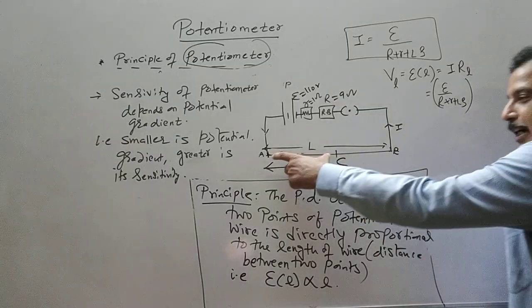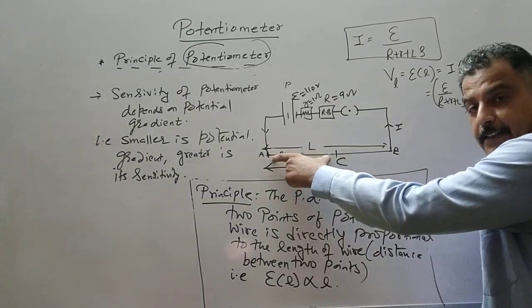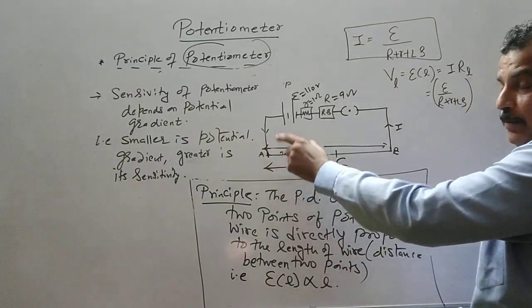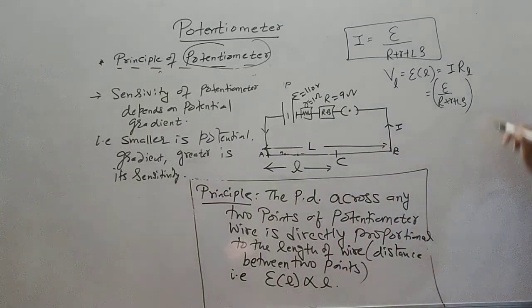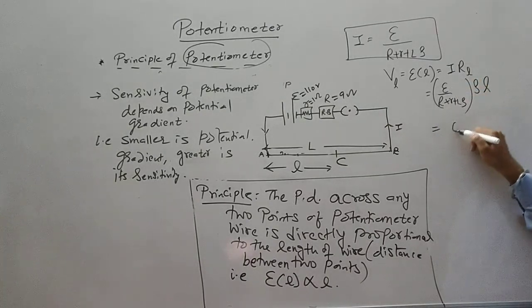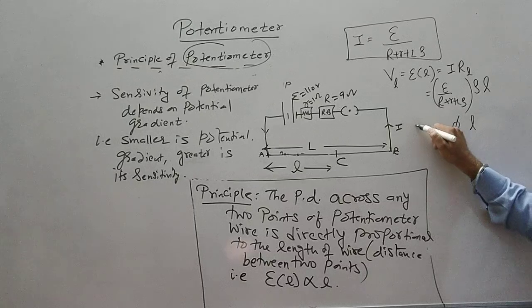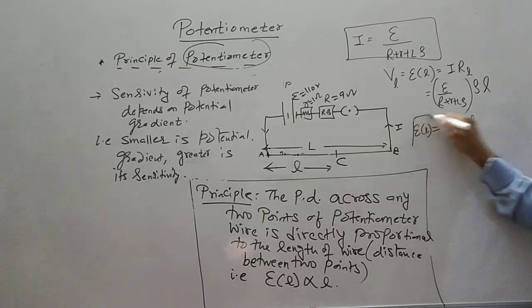Resistance of this wire, AC only. We don't know its resistance, but we know the resistance per unit length. So I multiplied by rho into L. If I take this rho inside, that is my phi, that is a potential gradient.